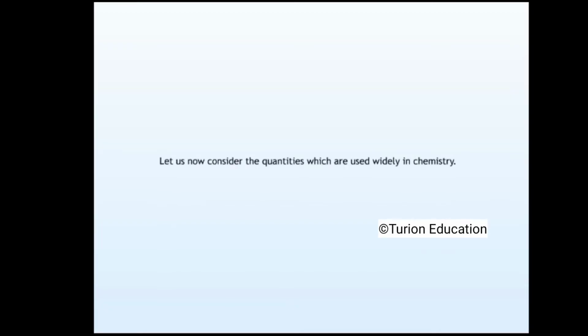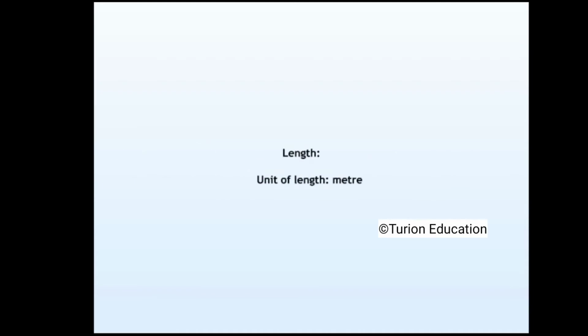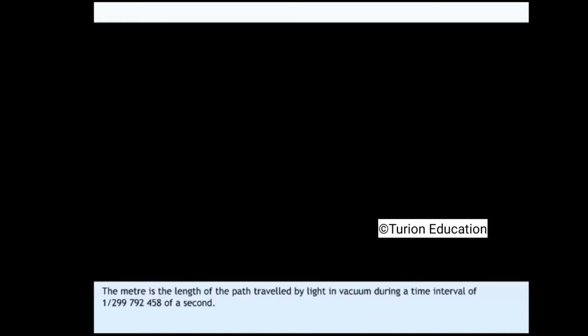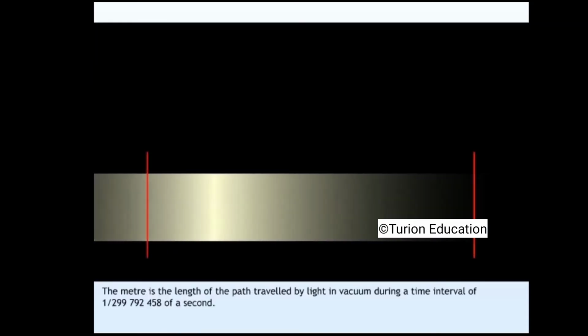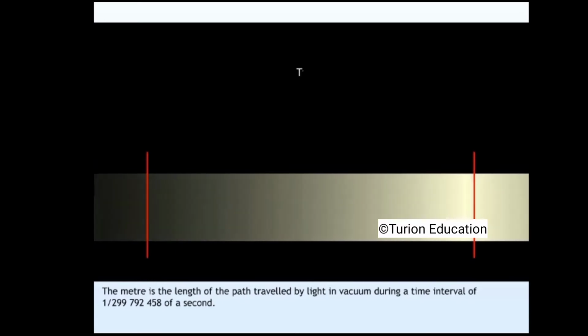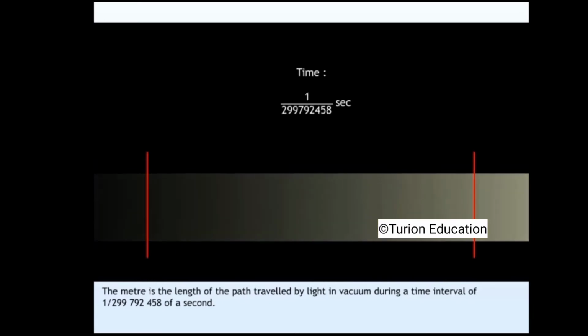Let us now consider the quantities which are used widely in chemistry. First is length. Unit of length is meter, and its definition is given as follows. The meter is the length of the path travelled by light in vacuum during a time interval of 1 by 299,792,458 of a second.